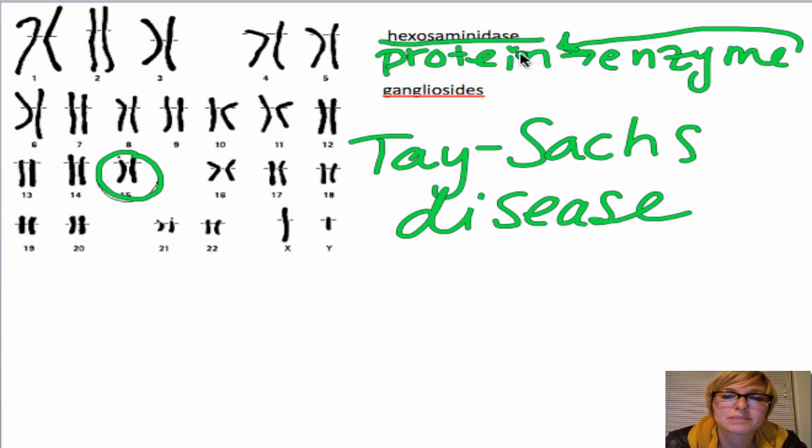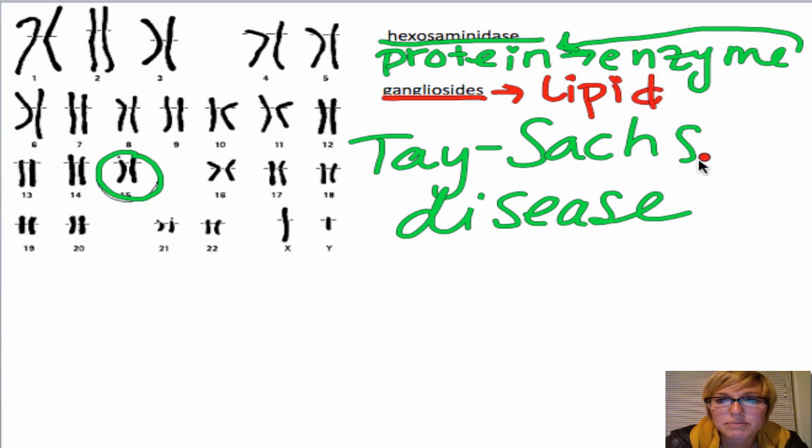Well, when hexosaminidase does work, it breaks up what we call gangliosides. And gangliosides are a specific type of lipid. What we see in people with Tay-Sachs disease is that these lipids tend to accumulate in nervous tissue, specifically the brain, and they cause degeneration of the nervous tissue.